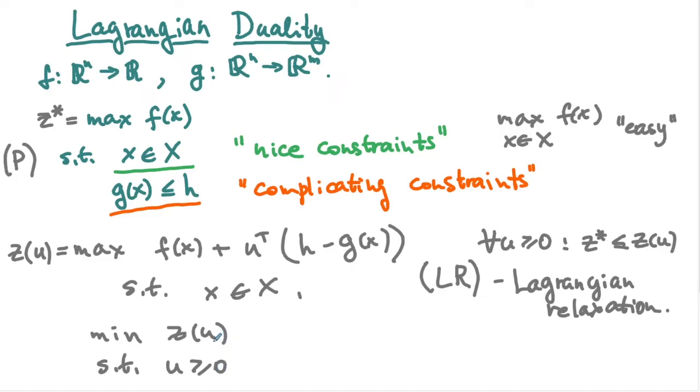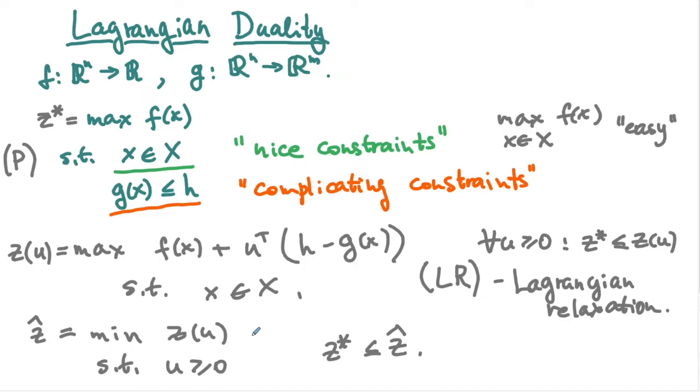And if we denote the optimal objective for this problem by z hat, then clearly z star is going to be less than or equal to z hat, because here we know that z star is upper bounded by z of u for any non-negative u. Therefore, if we minimize z of u over all the non-negative u's, then we'll obtain this upper bound on z star.